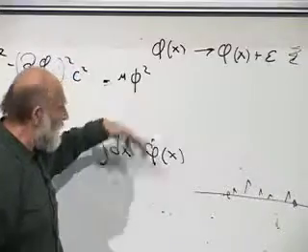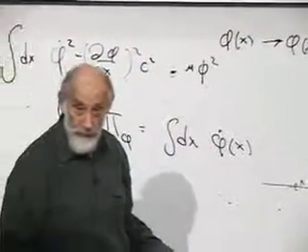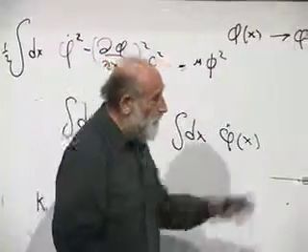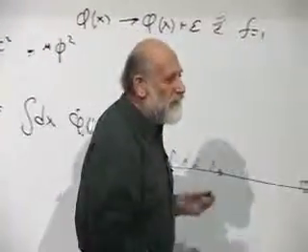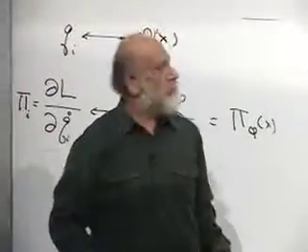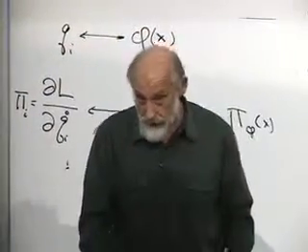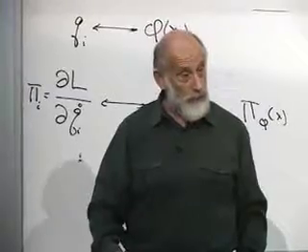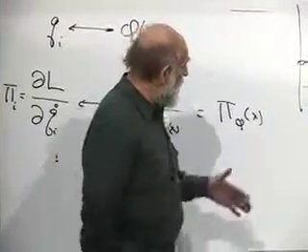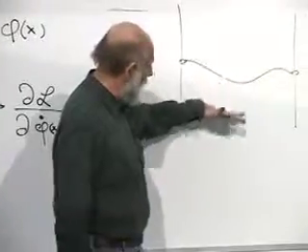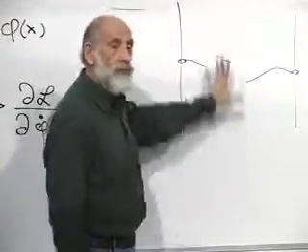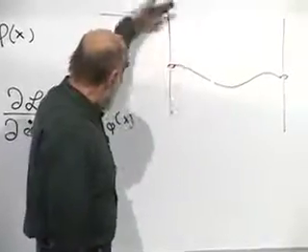If you shift phi, phi squared changes. So if we have this mu phi squared term, we no longer have this symmetry. So this is not a very robust symmetry. It's just a particular case which was very easy to illustrate. Phi goes to phi plus a constant. And as I said, it corresponds to a sort of uniform center of mass motion of the whole string vertically along the phi axis.